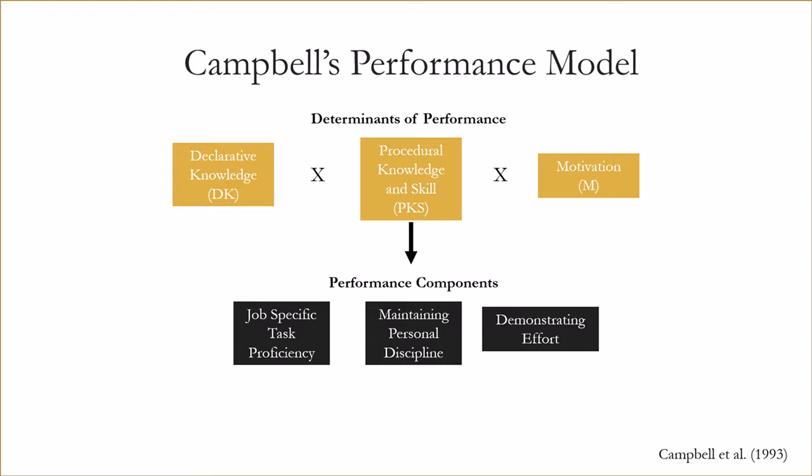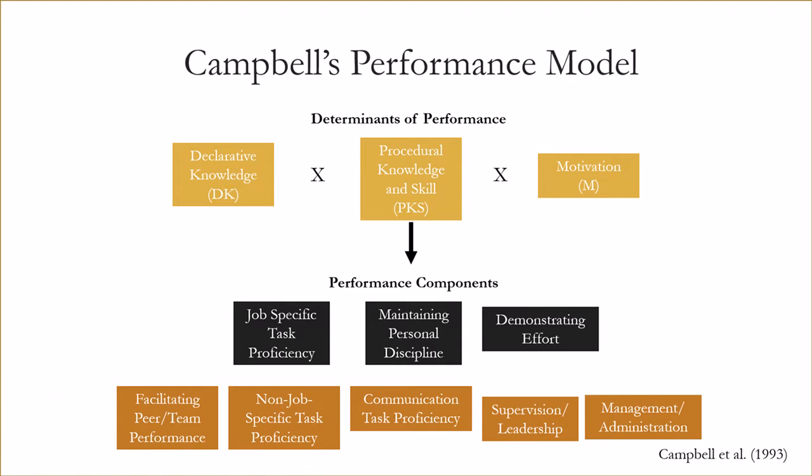The second piece is maintaining personal discipline, essentially avoiding negative behaviors like absenteeism and substance abuse on the job, or violating rules or laws. And the third component that is essential to all jobs is demonstrating effort. This is the consistency of effort, putting in extra effort, and continuing through adverse conditions.